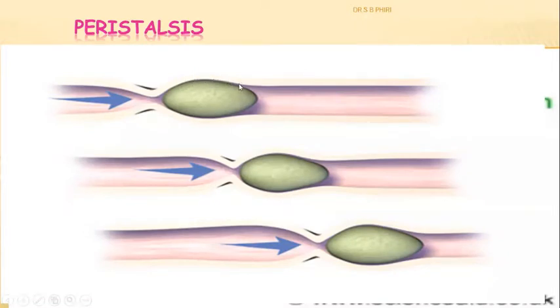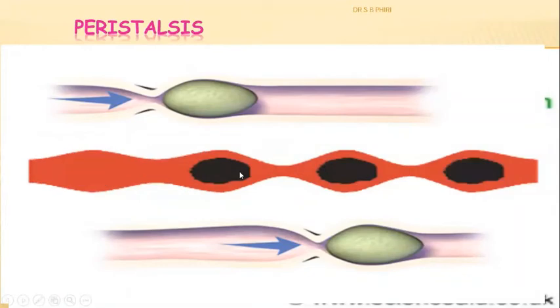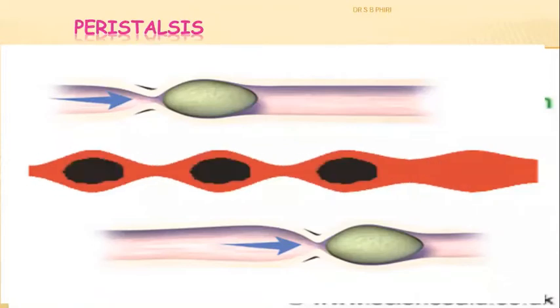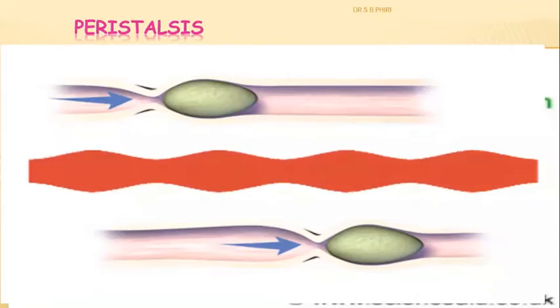They will relax to increase the lumen of the GIT. Then behind, you have contraction that is reducing the lumen of the GIT, pushing the bolus to move forward. So this movement is aboral, meaning that it's moving away from the oral cavity towards the anus. So it has to be maintained.